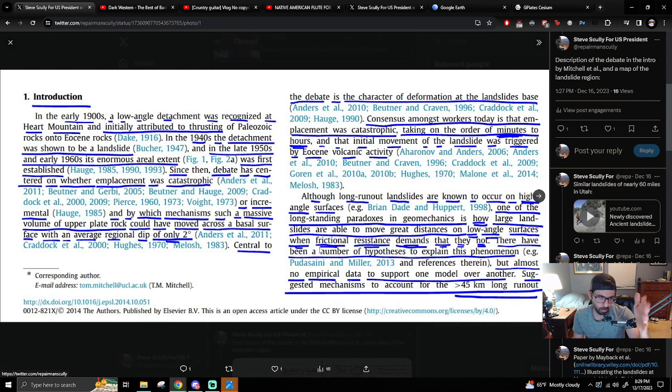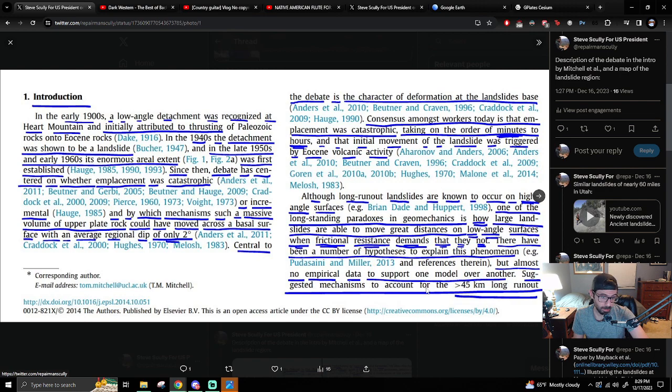So friction should have stopped this process on this low-angle surface. What's going on here? There have been a number of hypotheses to explain this phenomenon, but almost no empirical data to support one model over another.